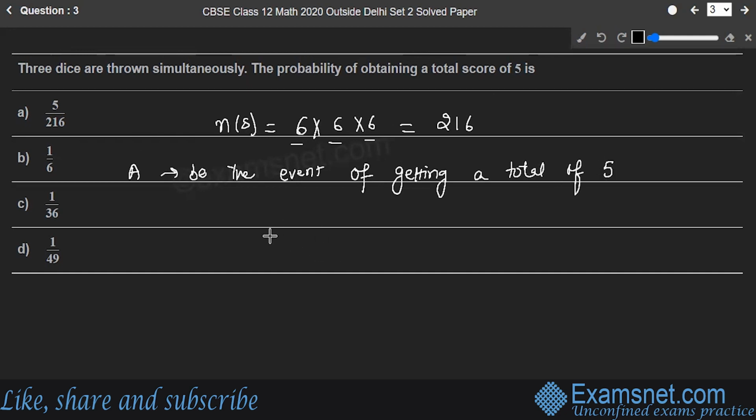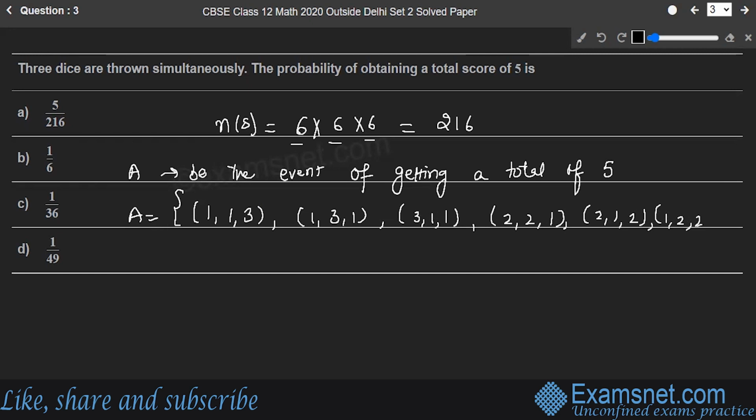Correct. So what are the possible outcomes that A can have? This will be 1, 1, 3, 1, 3, 1, 3, 1, 1, 2, 2, 1, 2, 1, 2, 1, 2, 2. So how many these possible outcomes are? There are 6. 1, 2, 3, 4, 5, 6. There are 6 possible outcomes.